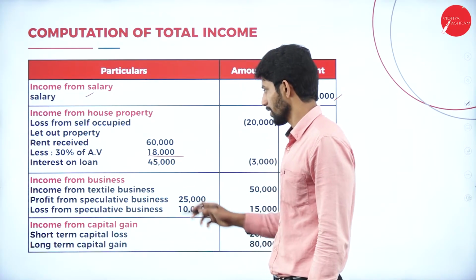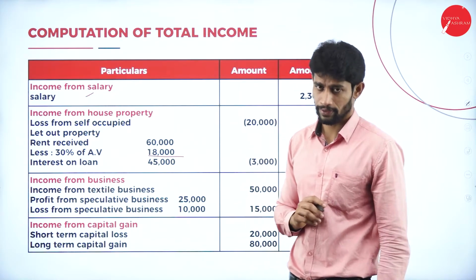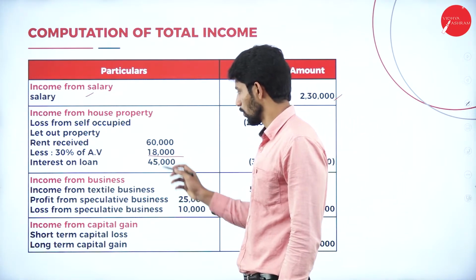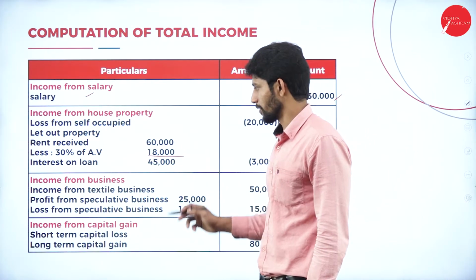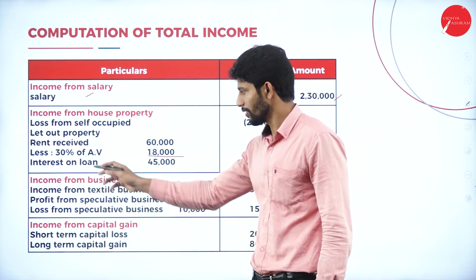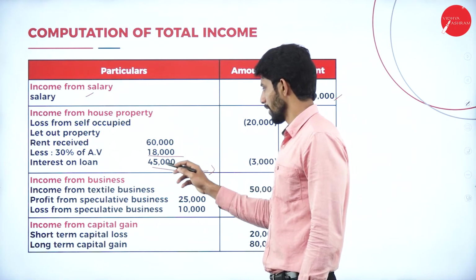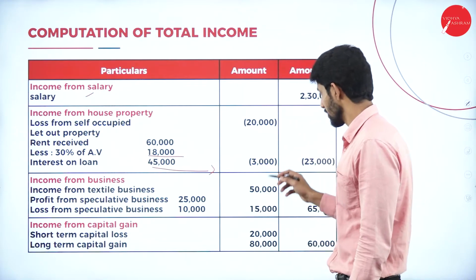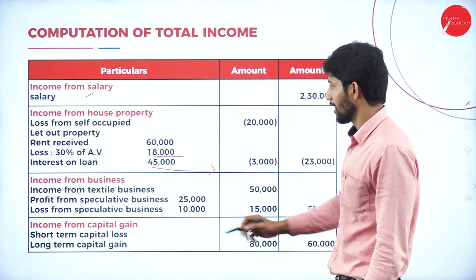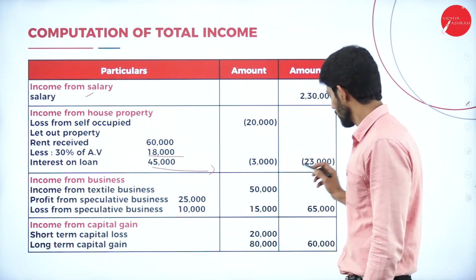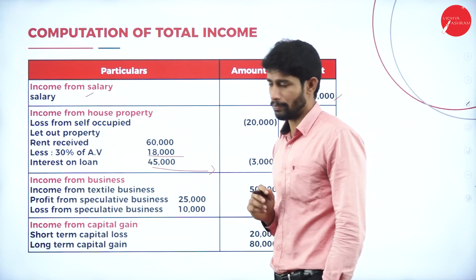So deduct 18,000 from 60,000, and also you're supposed to deduct the interest on loan from 60,000. So we have two items to deduct from 60,000, that is 30% of annual value and interest on loan. So take it to outer column. So 60 minus 18 and 45. Still you will get the minus balance of 3,000. So totally how much loss you have under income from house property? You have 23,000 rupees of loss from income from house property.